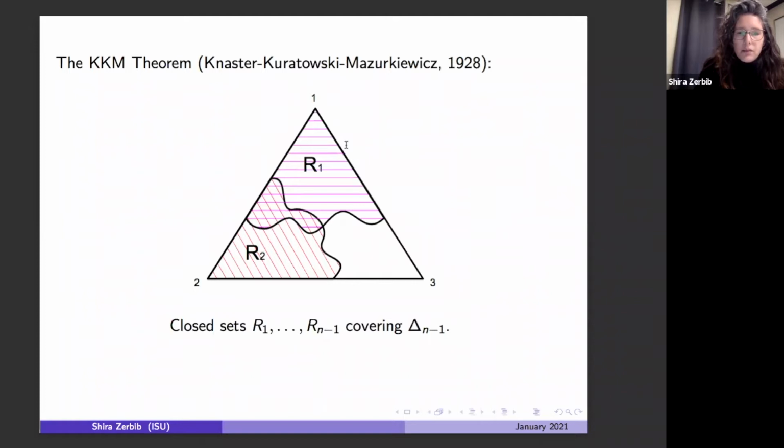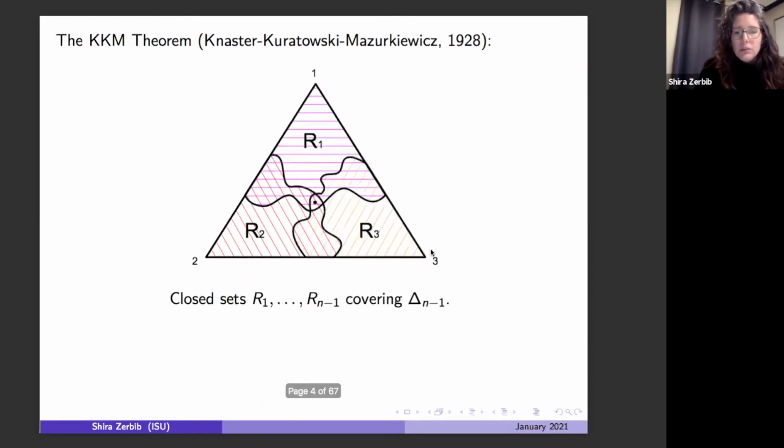So vertex 1 must be in the set R1, vertex 2 must be in R2, and the face 1, 2 must be in the union of R1 and R2. And similarly, vertex 3 must be in R3, and the face 1, 3 should be in the union of R1 and R3, and so on.